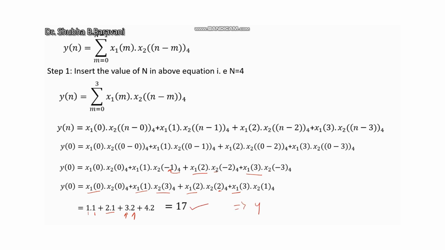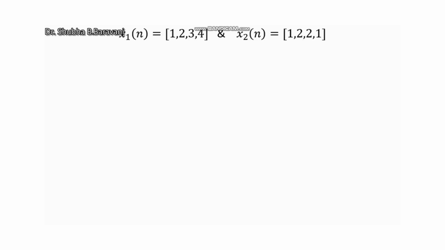So y of 0 is 17. We are done with y of 0. Now our work is to calculate y of 1. This will go on until n is done for 0, 1, 2 and n minus 1, that is 4 minus 1, 3.